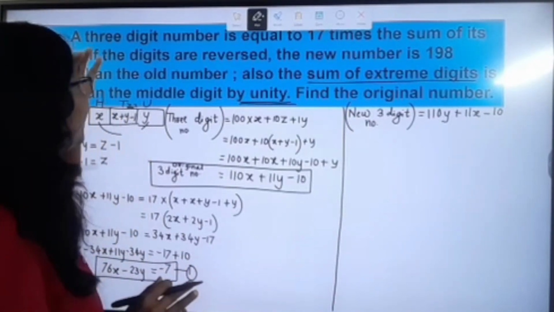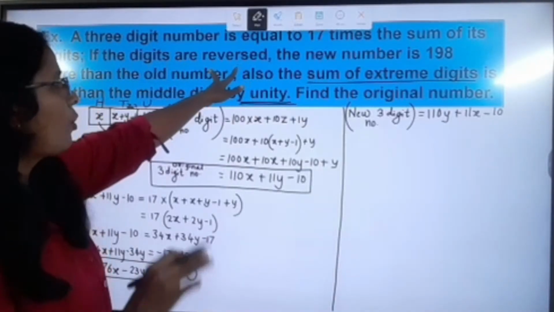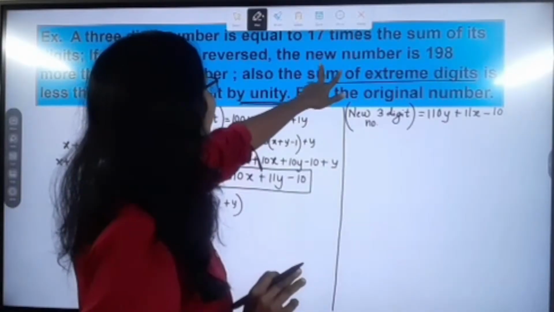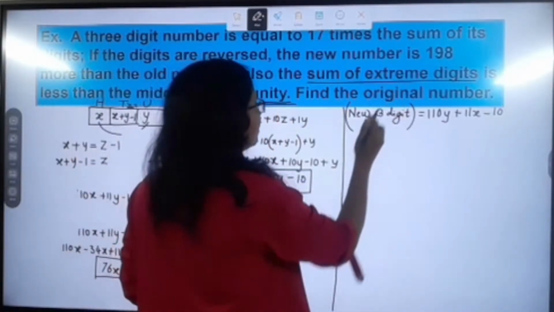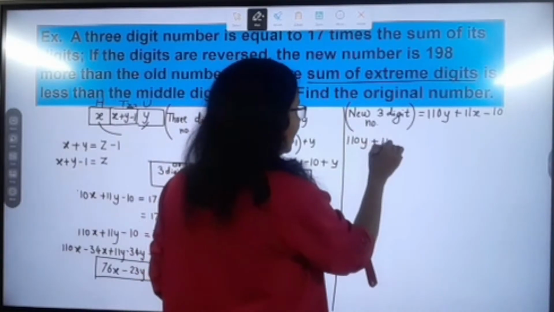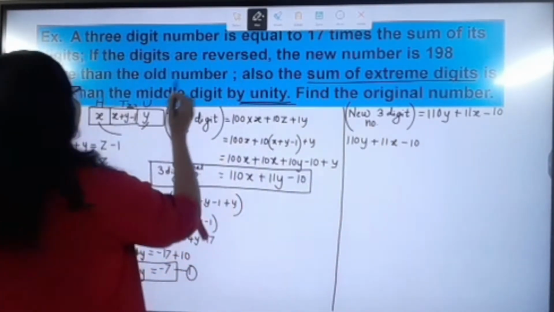So by applying the second condition, that if the digits are reversed, the new number is 110y plus 11x minus 10.